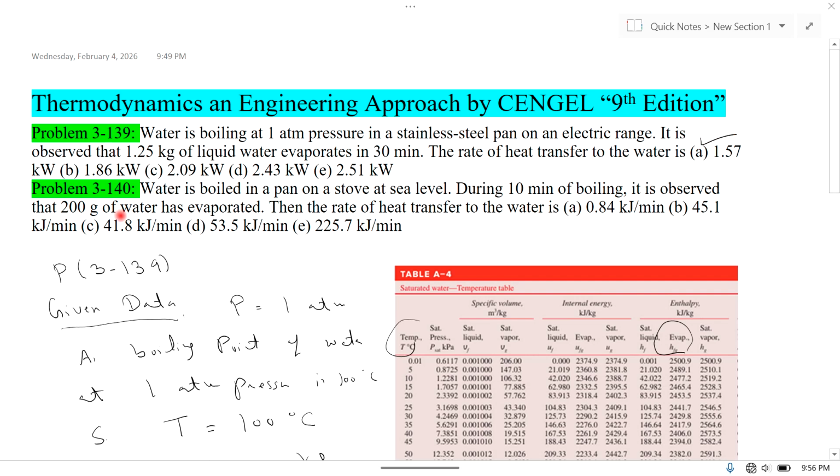Now we solve 3.140. Water is boiled in a pan on a stove at sea level.